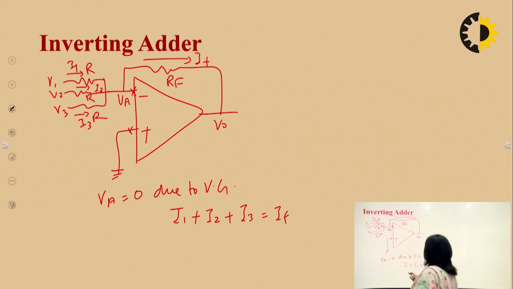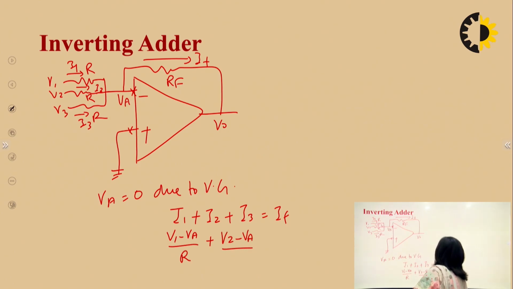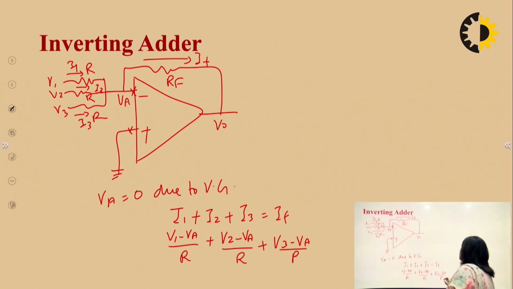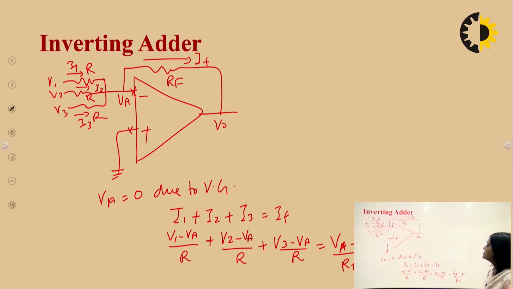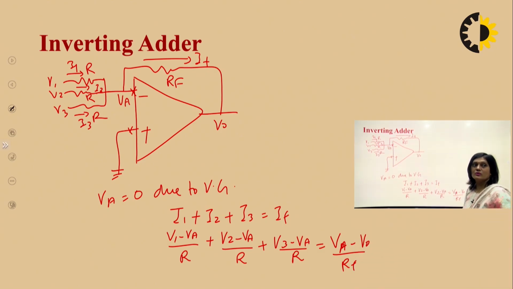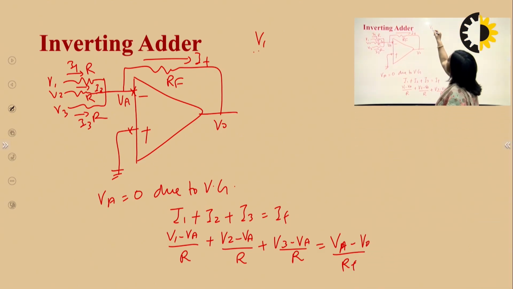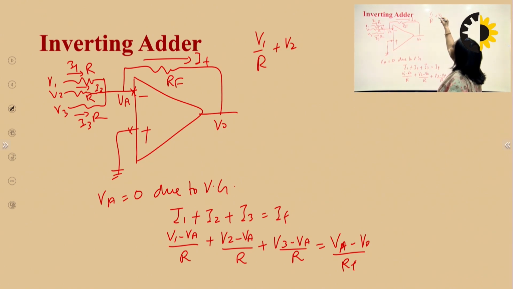So V1 minus VA upon R plus V2 minus VA upon R plus V3 minus VA upon R is equal to VA minus V0 upon RF. Now we can put the value of VA as 0. So we will have V1 upon R plus V2 upon R plus V3 upon R equal to minus V0 upon RF.